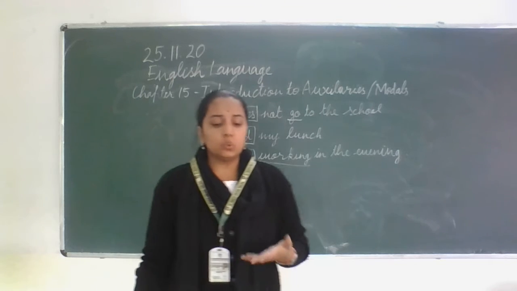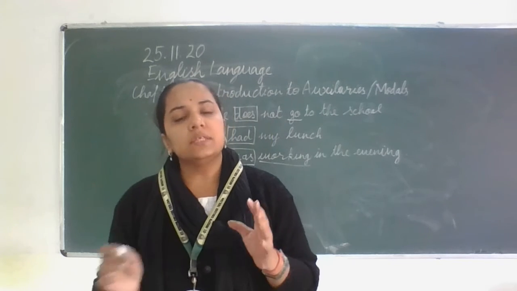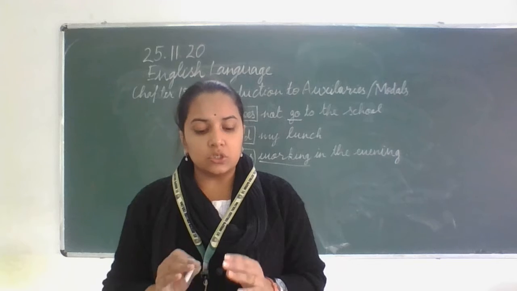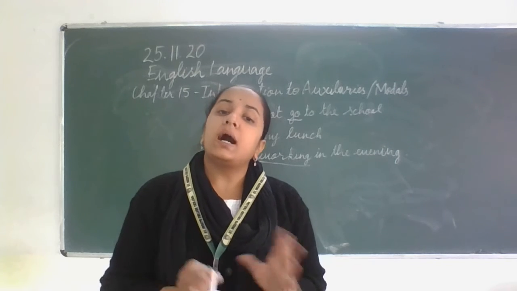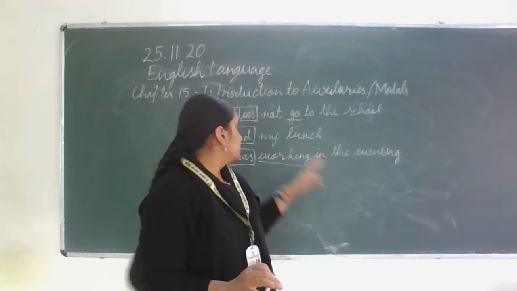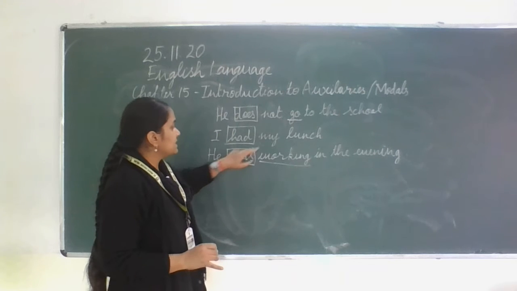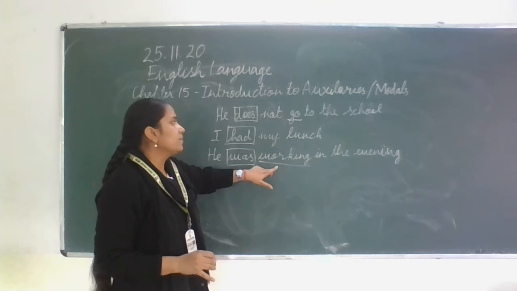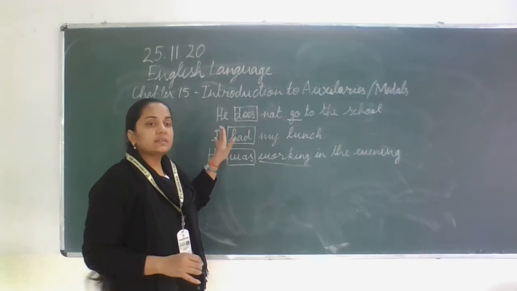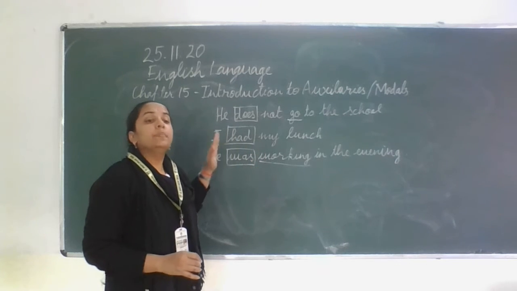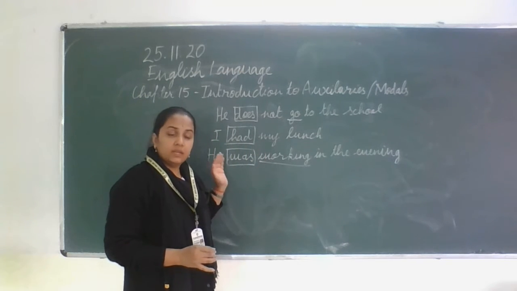Now, why do we use these auxiliary verbs? These verbs are always used before the other verbs. See, in both these sentences, this is the main verb, and the auxiliary verb is used before the main verb.